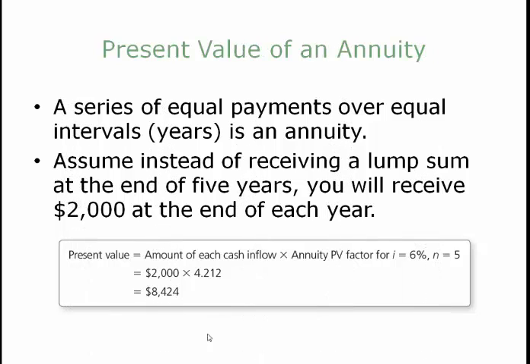And then you have an annuity. An annuity is a stream of money, the exact same amount over a period of time. What this one is saying is $2,000 paid out at the end of every period for 5 years, at 6% interest, would be worth $8,424 in today's terms. This would be like the lottery example I talked about earlier.